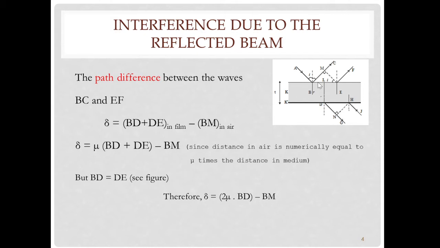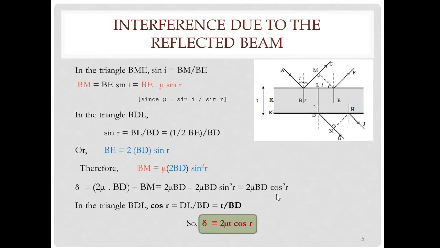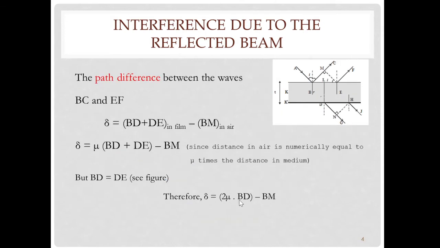And you see in this figure that BD is equal to DE. So therefore we can rewrite this equation again as 2 mu BD minus BM. Now we have to find out the magnitude of BD and BM.